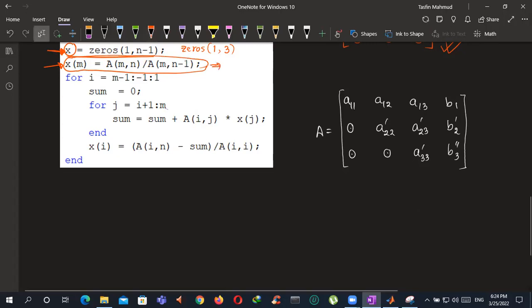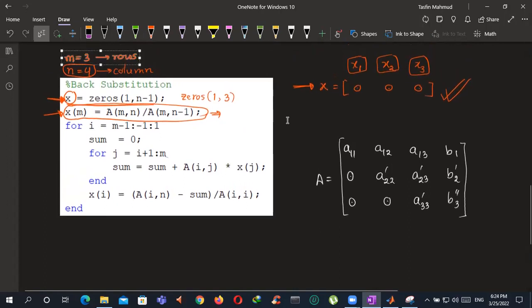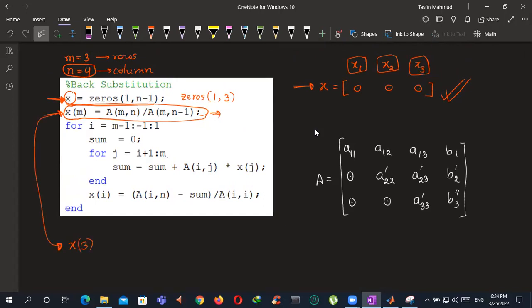The value of m, the number of rows, is 3, so we're calculating xm, which is x3. x3 equals A(m, n), with m as 3 and n as 4, so A(3, 4), divided by A(m, n minus 1). N minus 1 gives us 3 as well.